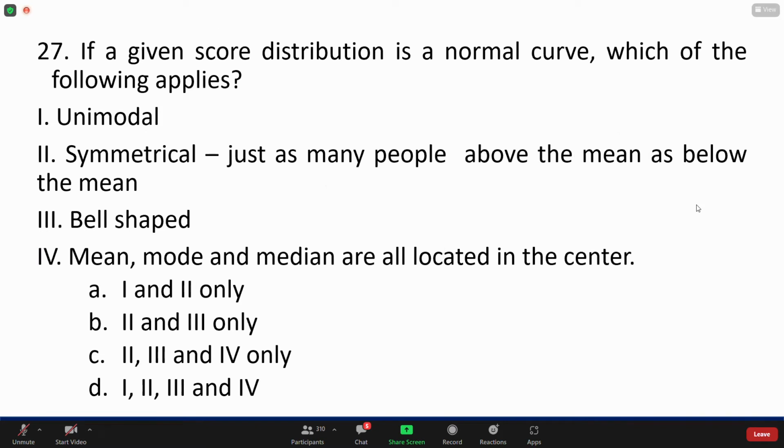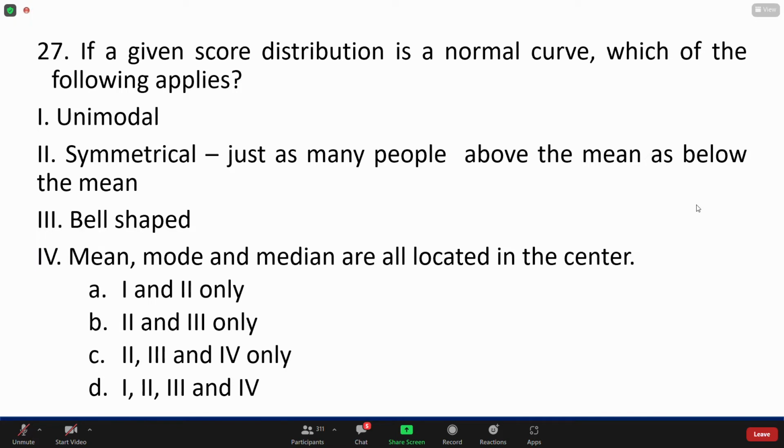27. If a given score distribution is a normal curve, which of the following applies? 1. Unimodal. 2. Symmetrical, just as many people above the mean as below the mean. 3. Bell-shaped. 4.